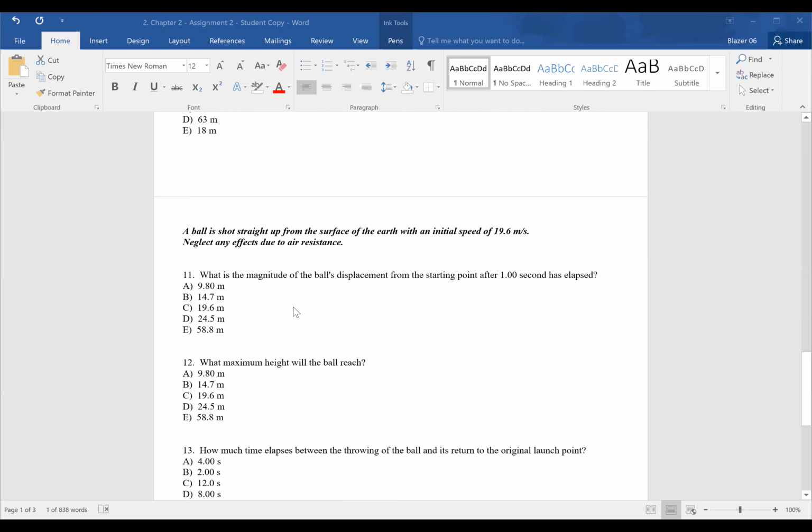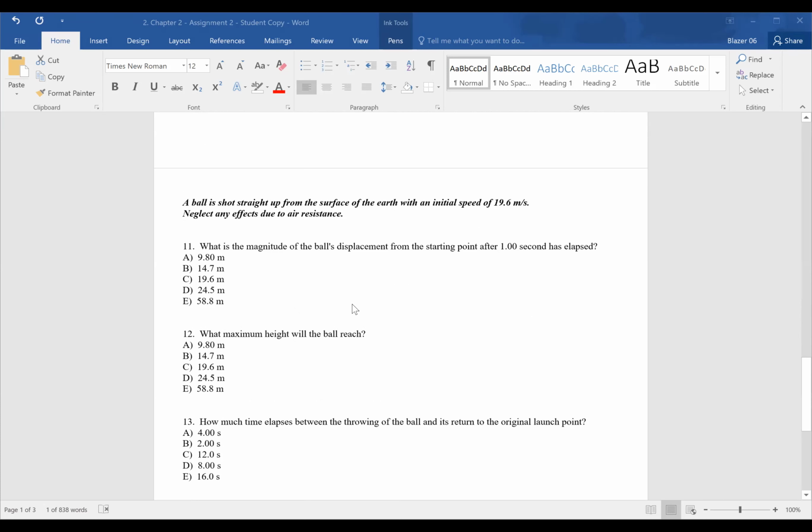Okay, let's look at number 11. A ball is shot straight up from the surface of the earth. So that means now that my initial velocity is not 0, because it's shot straight up with a speed of 19.6 meters per second.